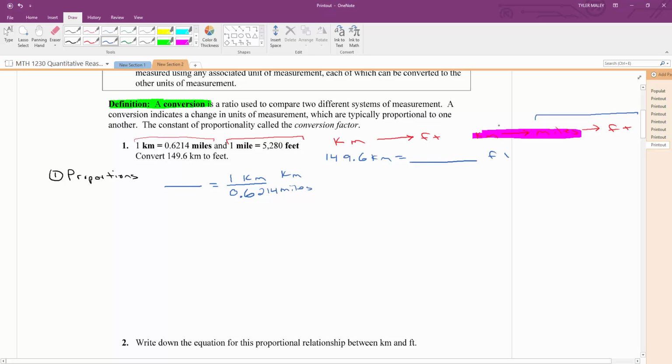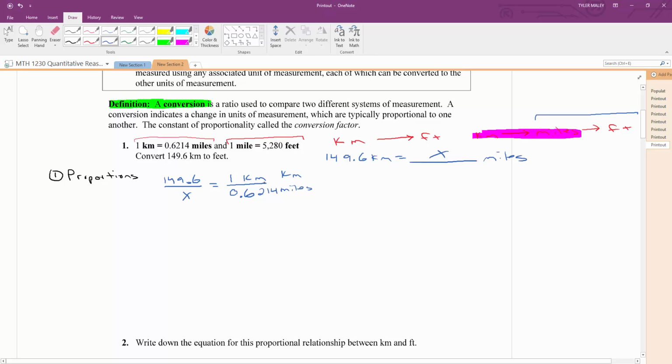I'm trying to convert this into so many miles, so we can say X miles. So this fact will go on the left hand side. I can do 149.6 kilometers and then X miles.